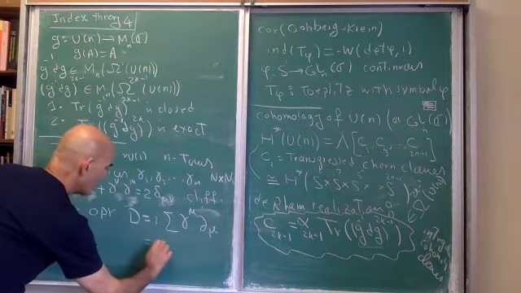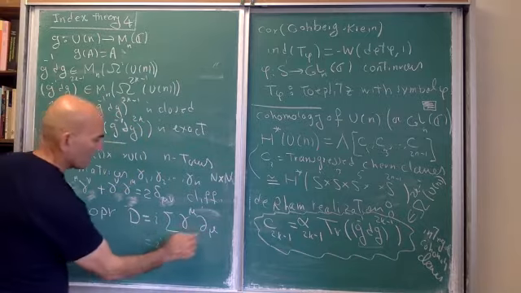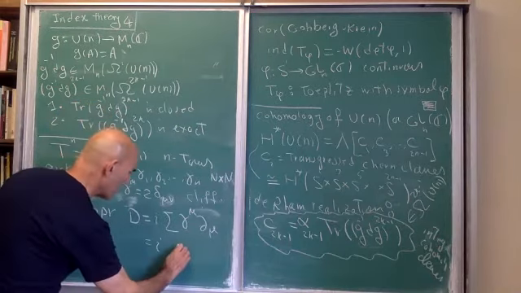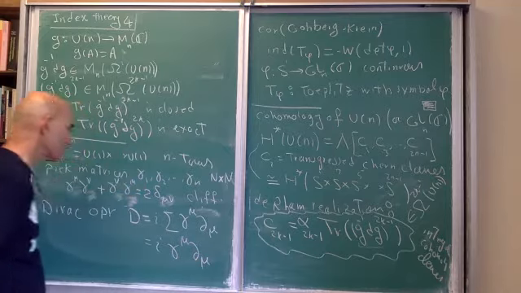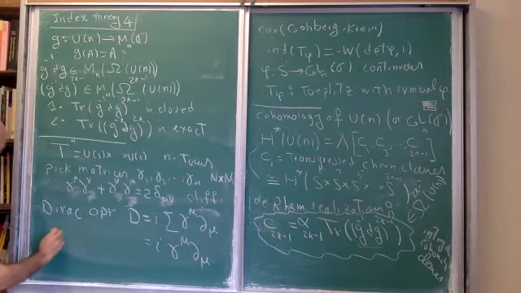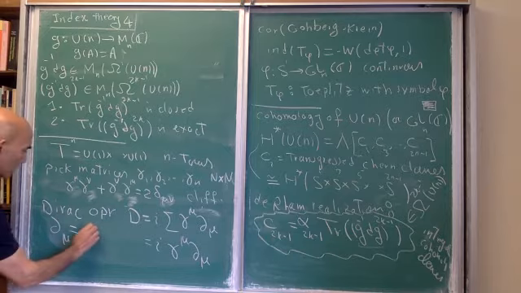So you can also write it using the Einstein summation convention as i gamma mu d mu, where of course d mu is just d dx mu.